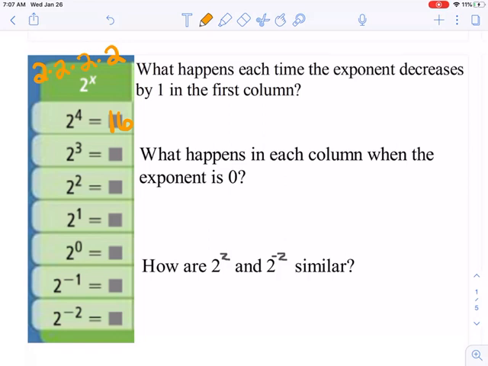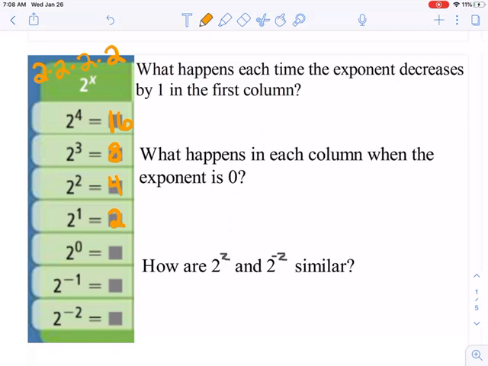Next, 2 to the 3rd is 2 times 2 times 2, which gives us 8. 2 to the 2nd is 4, 2 times 2. 2 to the 1st, 2 times itself 1 time, is just 2.